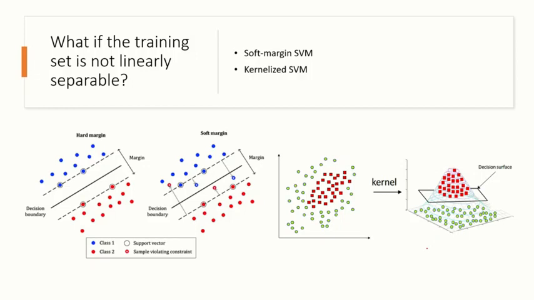So this is like 3, 0, and this is 0, 3, and this is 2, 1, 1, 2. So if you want to build a classifier using one single line, there's no way you can separate them easily. You have to use a curve.